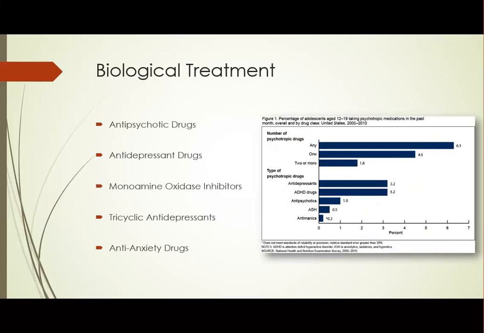Biological approaches to treatment often include psychopharmacology, determining which drugs work to alleviate which mental disorders and why they work or don't. Antipsychotic drugs are called neuroleptics, and these are used to treat psychotic disorders such as schizophrenia and psychotic mood disorders.